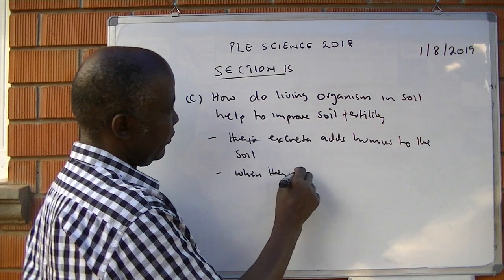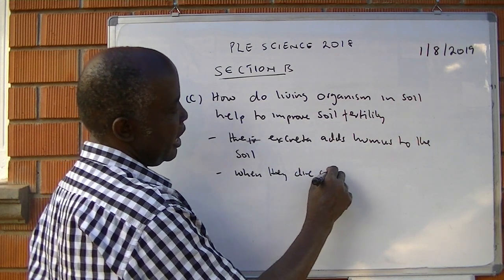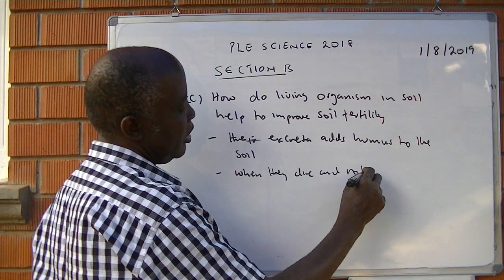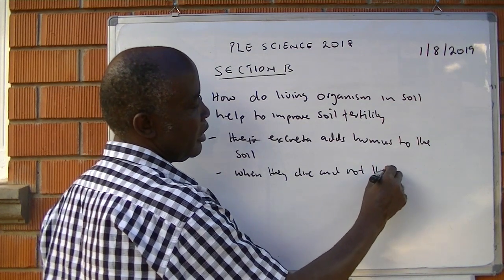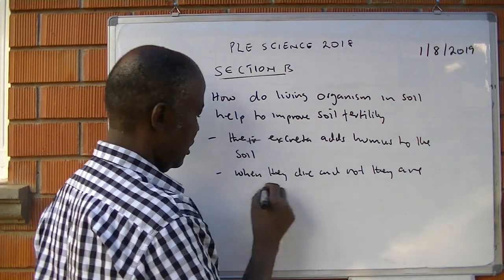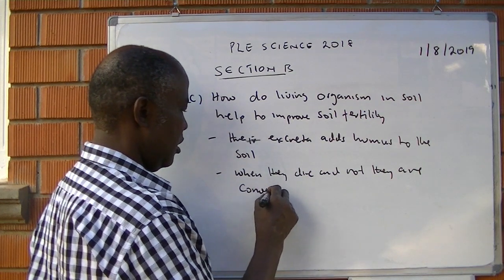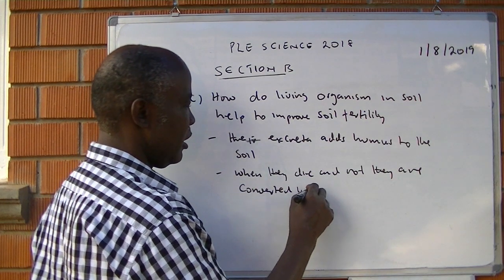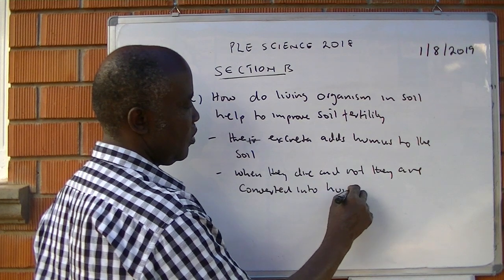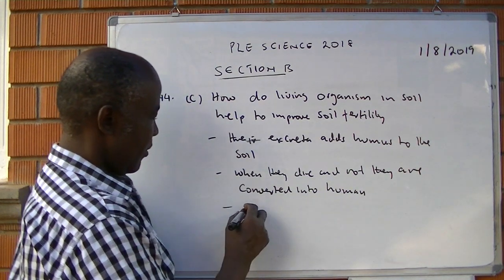When they die and rot, they are converted into humus.